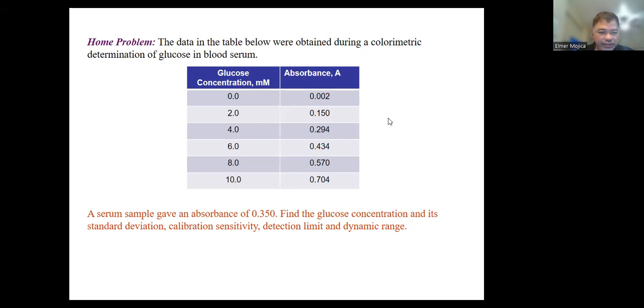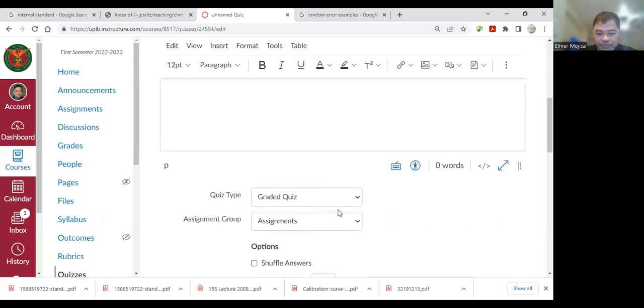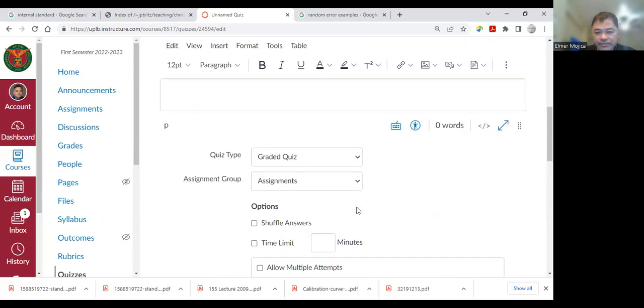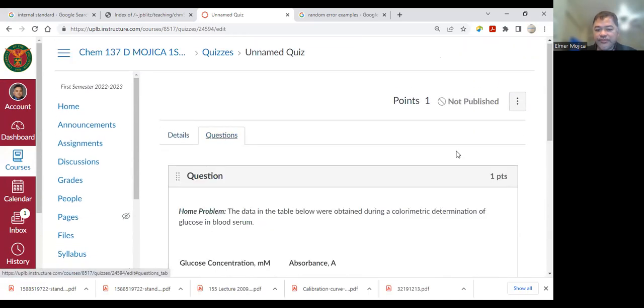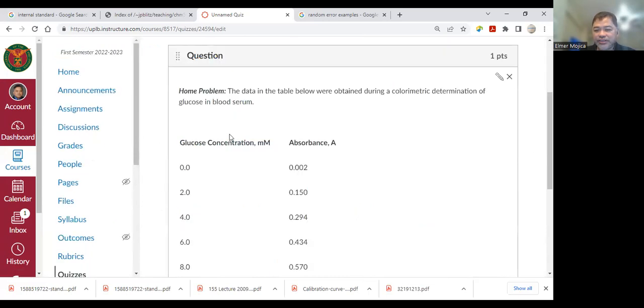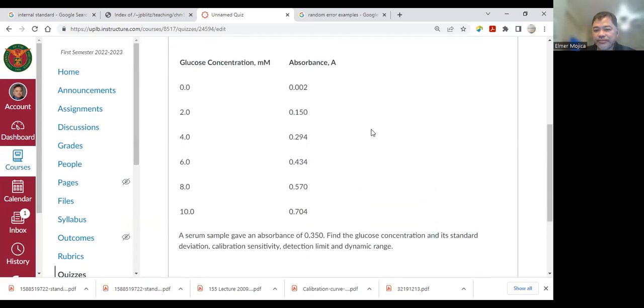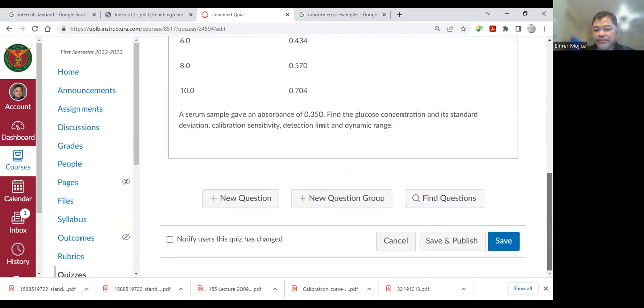I'll try to look at the Canvas so you will see where it is. So I'm going to try to share the Canvas. So this is here. This is how it looks when I convert it here. So pwede ko nang i-publish to. Try to see if you can see them.